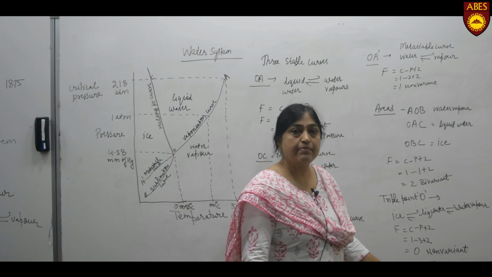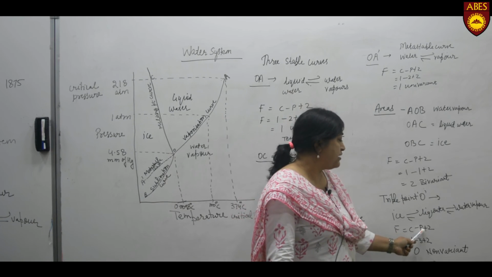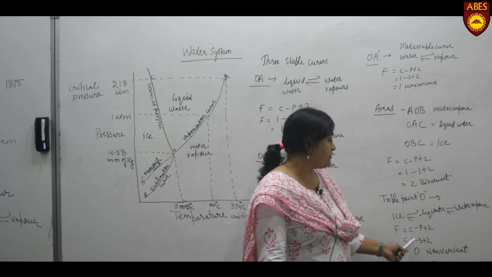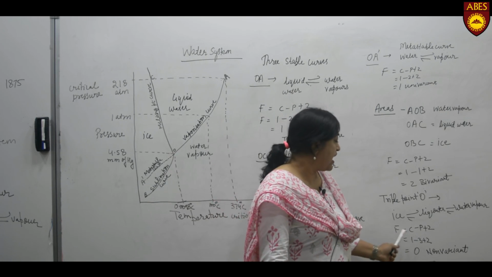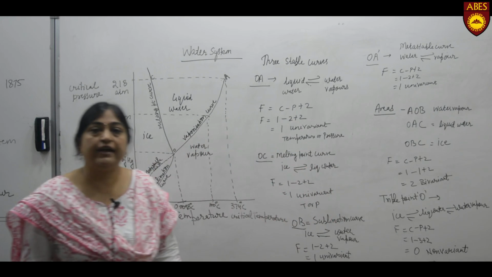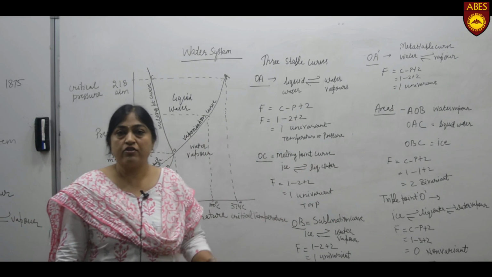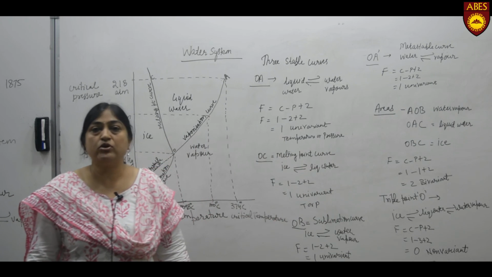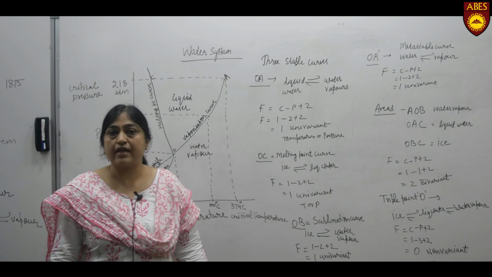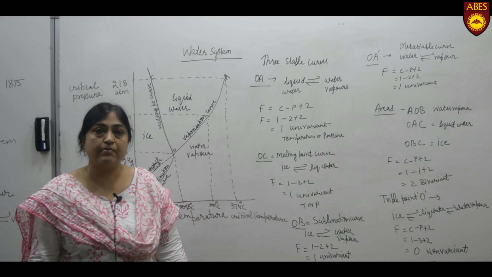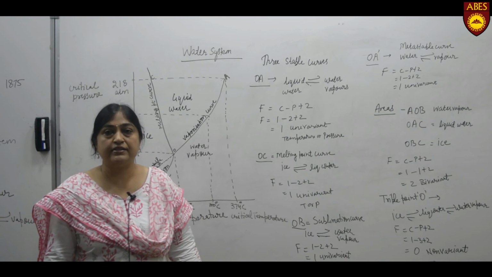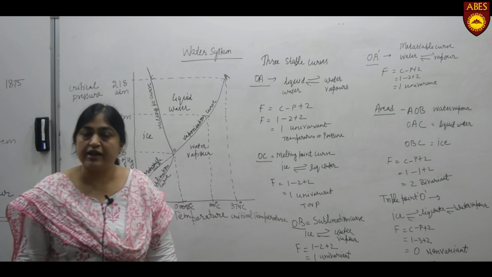All the three phases are present, so we put the value 3 in place of P, and we know that it is a one component system, so we put the value 1 in place of C, and we get the result F = 0. So it is a non-variant or invariant system because we know that at triple point both are fixed. Temperature is 0.0098 degrees Celsius and the pressure is 4.58 mm of mercury. So we don't require any variable to define the system completely. That's all. Thank you.